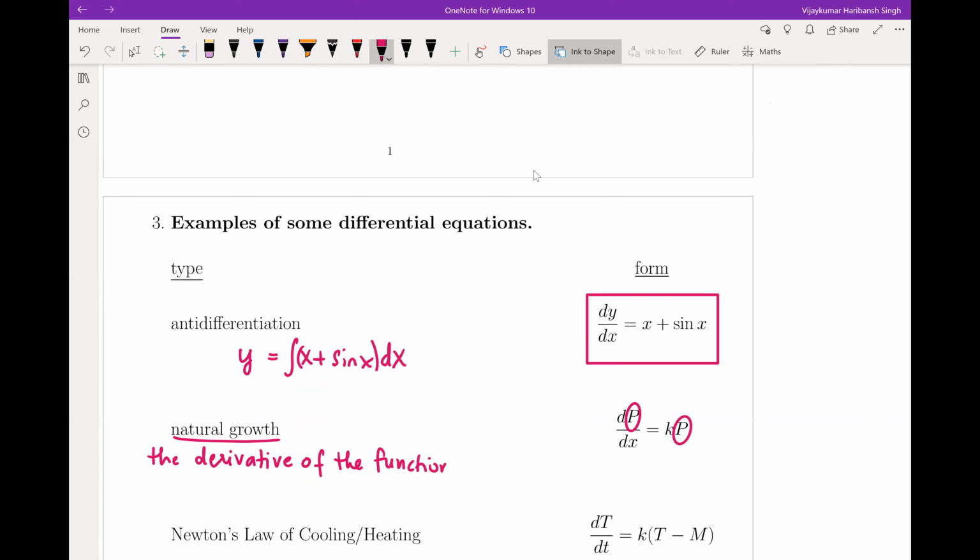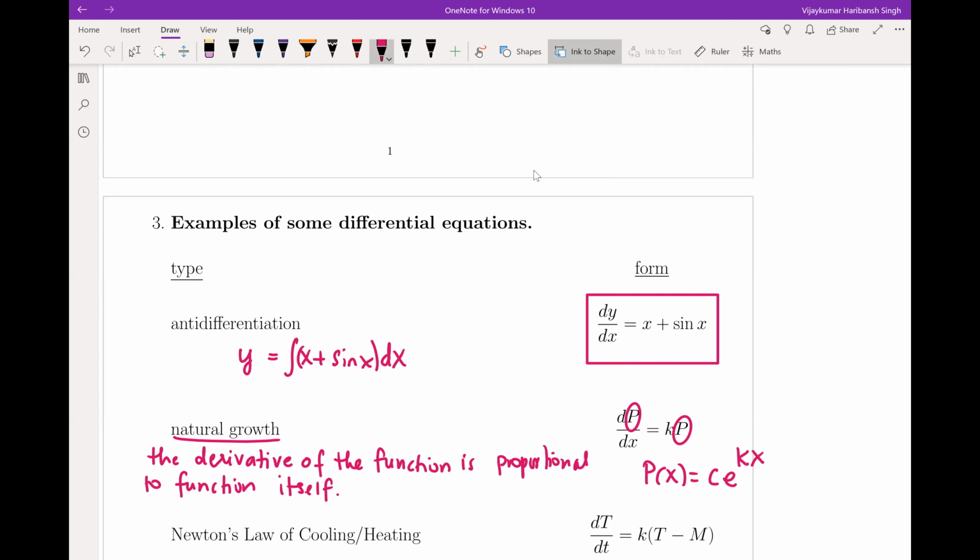In this case, we have seen the solution is P of x equals C times e to the power kx.